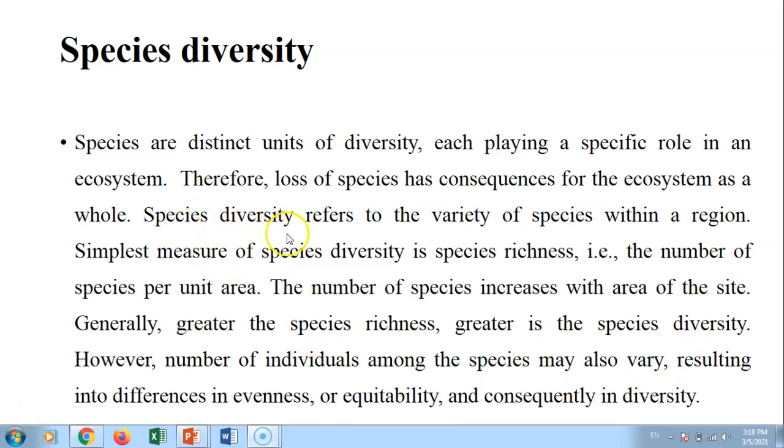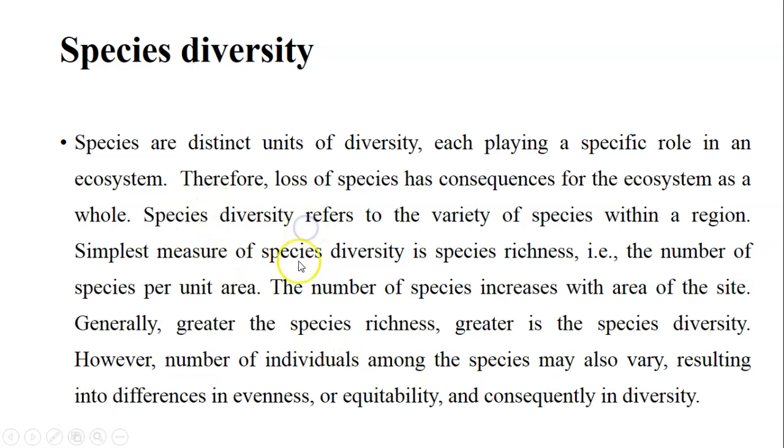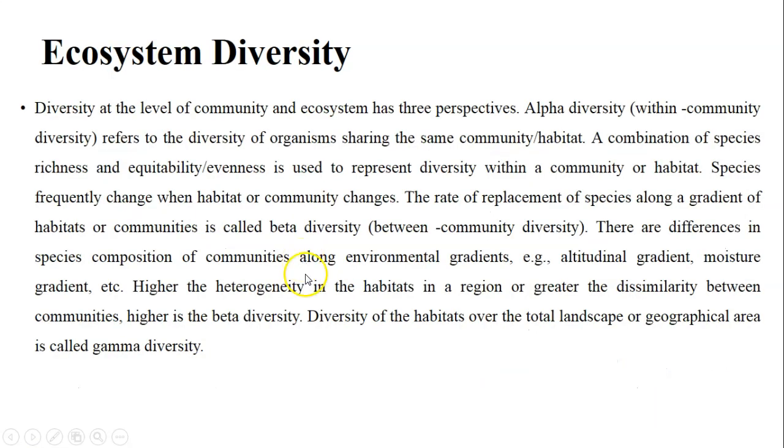Now, let us see about ecosystem diversity. Diversity at the level of community and ecosystem has three perspectives. Alpha diversity, within community diversity, refers to the diversity of organisms sharing the same community habitat.